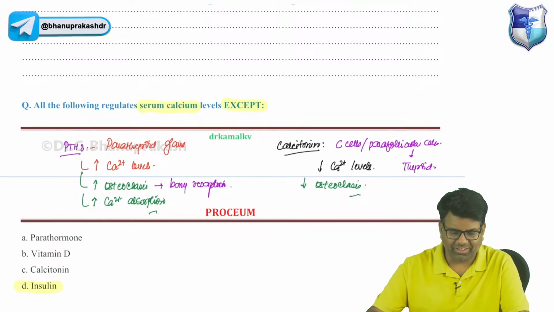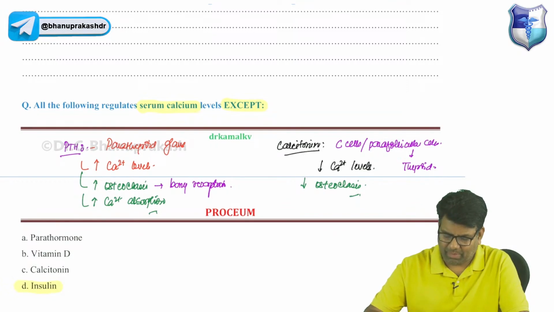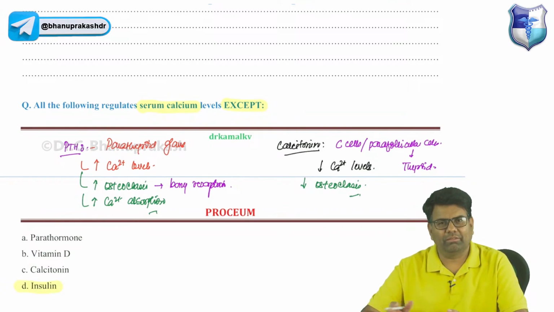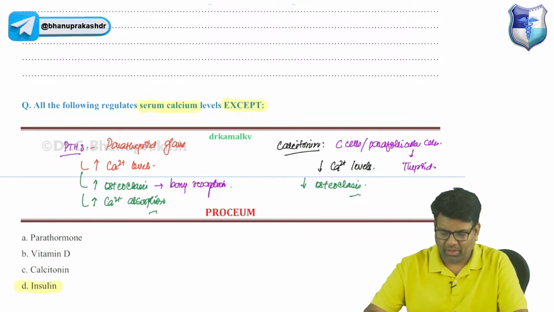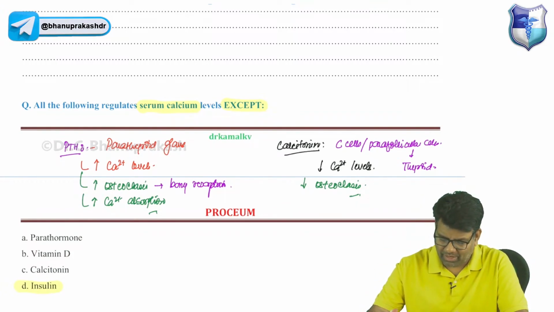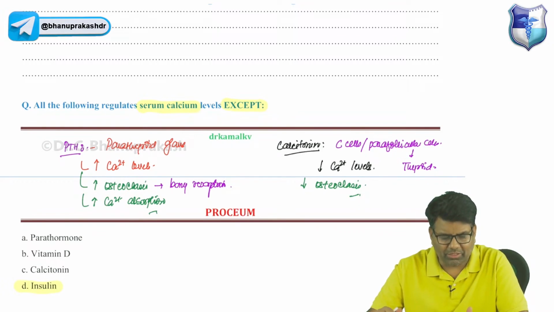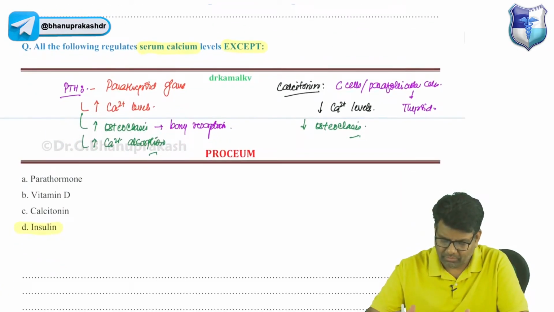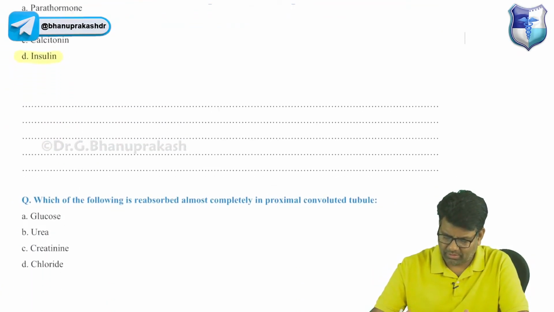Yes, perfect. So parathormone and calcitonin are antagonists of each other. One tries to increase the serum calcium level, the other tries to decrease it. And just remember this much about parathormone and calcitonin. So insulin not discussed.